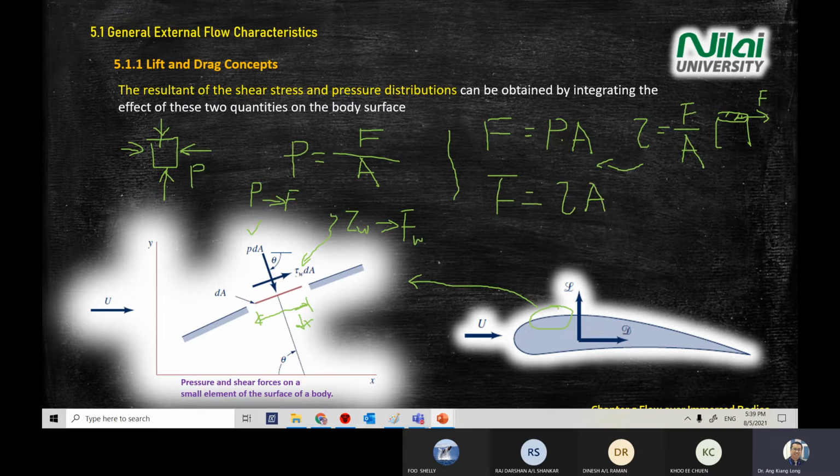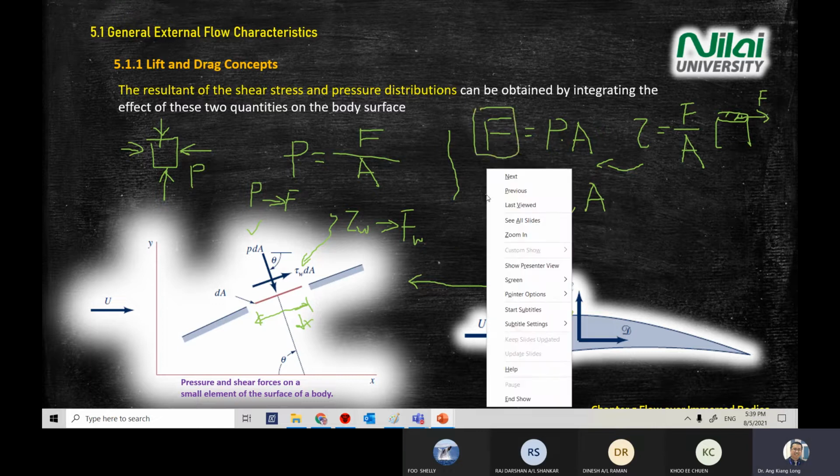So same, shear times area gives force. Basically, the diagram on the left-hand side is a free body diagram with forces, consisting of pressure and shear stress, under the effect of pressure and wall shear stress. When you draw a free body diagram, you're interested in forces only.